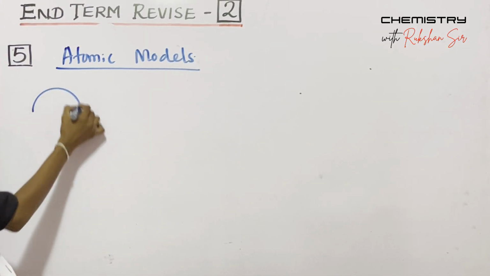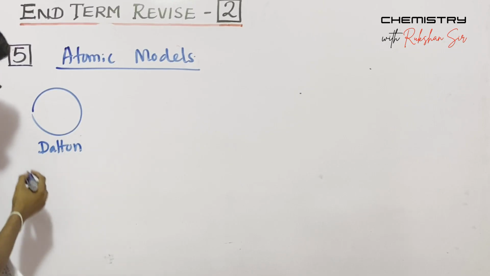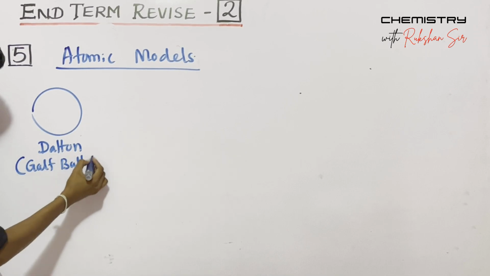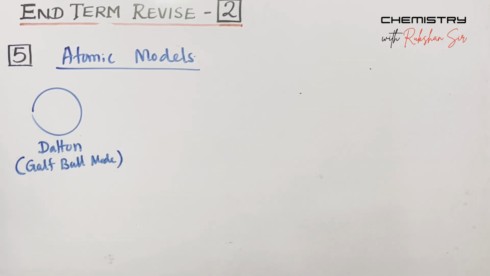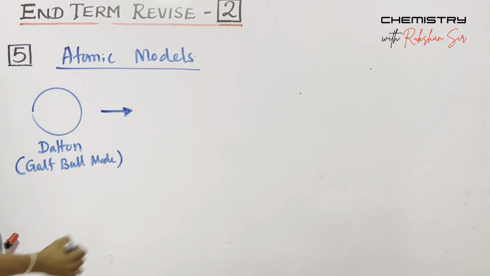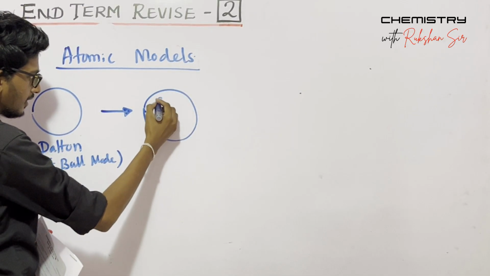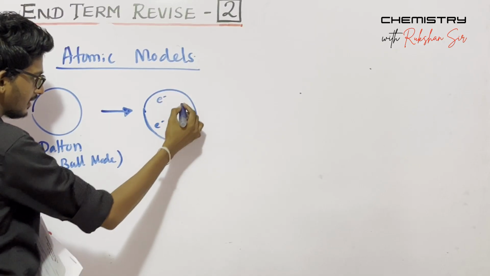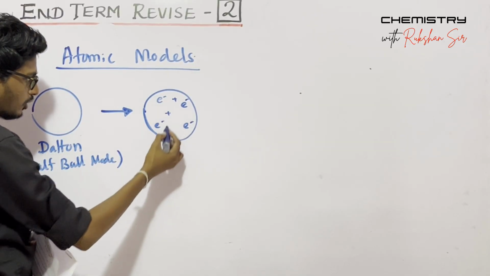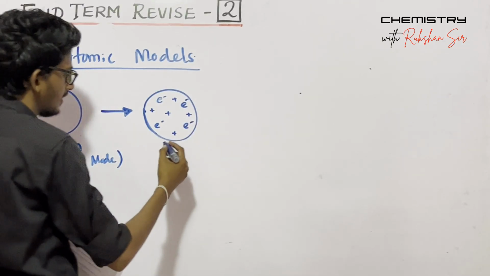You started with Dalton's model. Then we came across Thomson's model, the plum pudding model, right? Like plums, the electrons were here and there, embedded in a positively charged sphere.